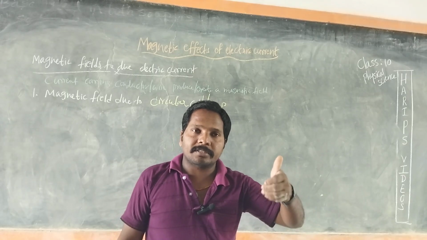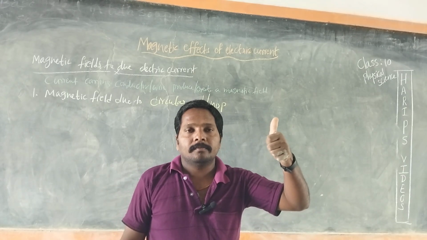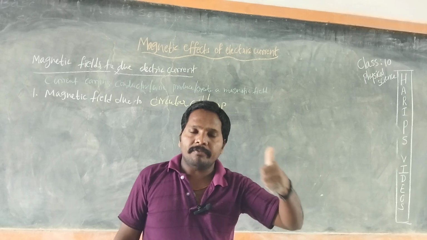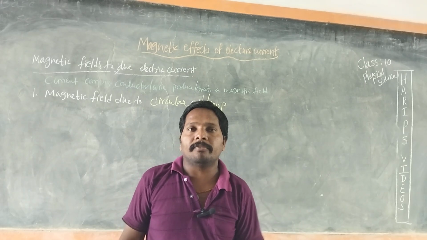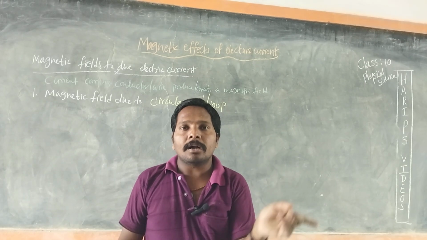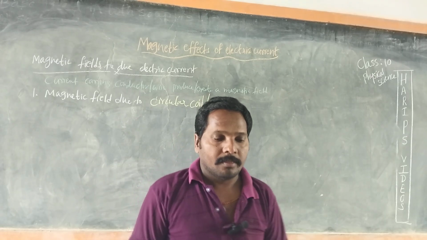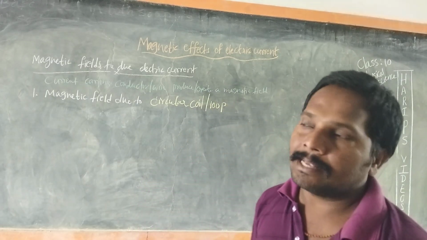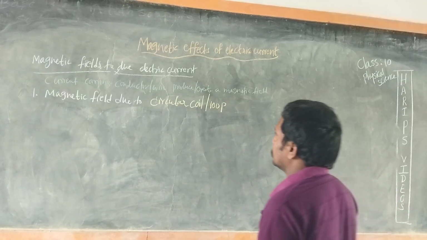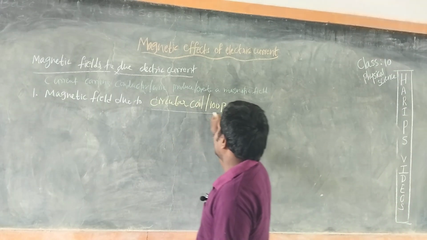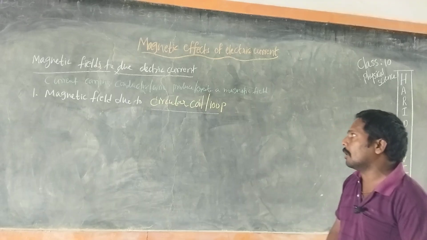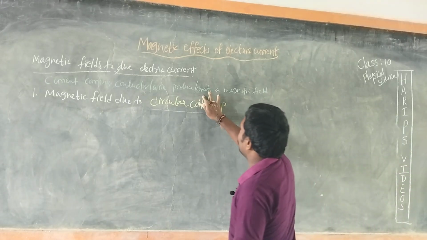In the case of a straight wire, the magnetic field is formed as concentric circles around the wire. Then let us understand what about in the case of a circular coil or a circular loop.